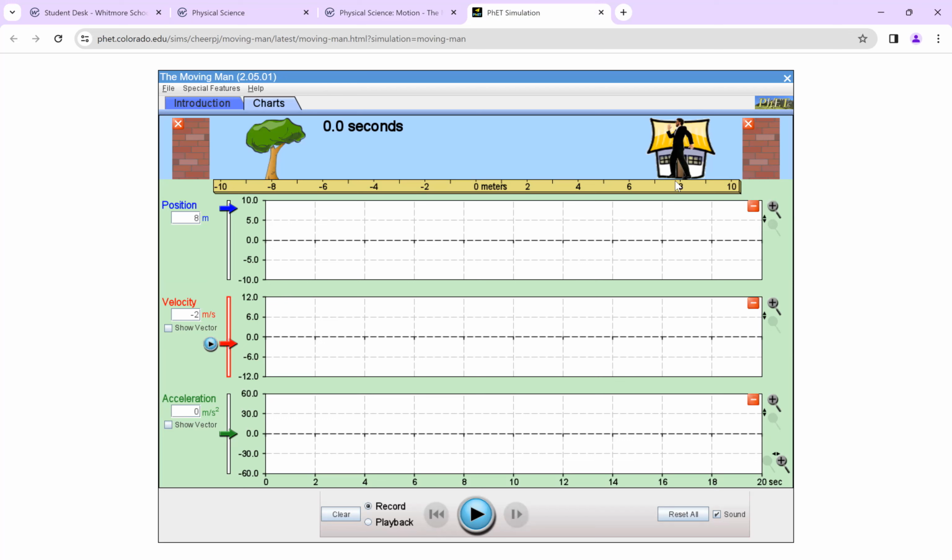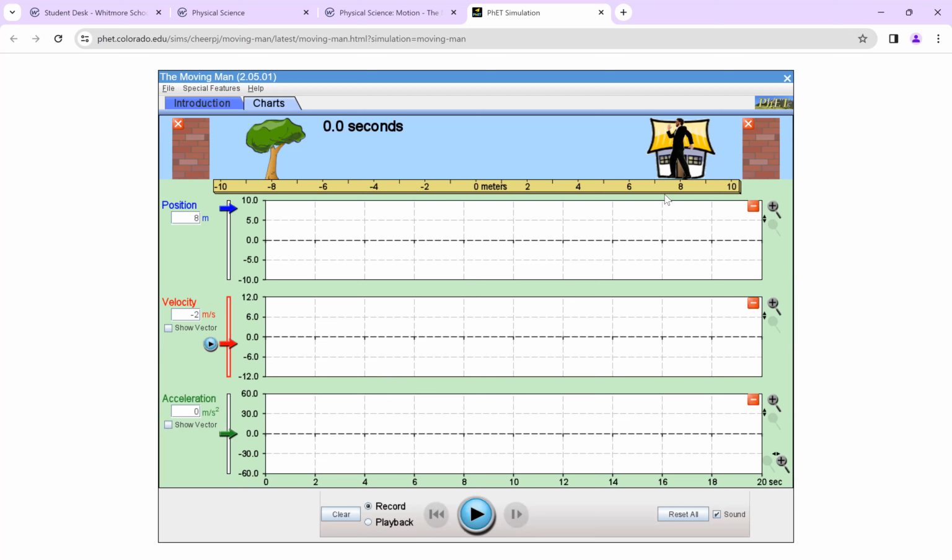Okay. So how far does he have to travel? How far is it to the tree from him? Like 16 meters. So how long do you think it'll take him to reach the tree? He goes 2 meters per second. I think he'll reach it in 14 seconds?